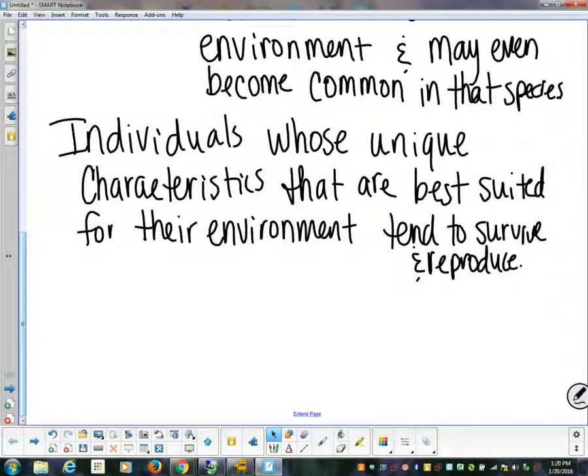It's not going to have to die or leave the area to find somewhere else to go. So we would say that it's going to survive and reproduce very easily. And we call these things adaptations.